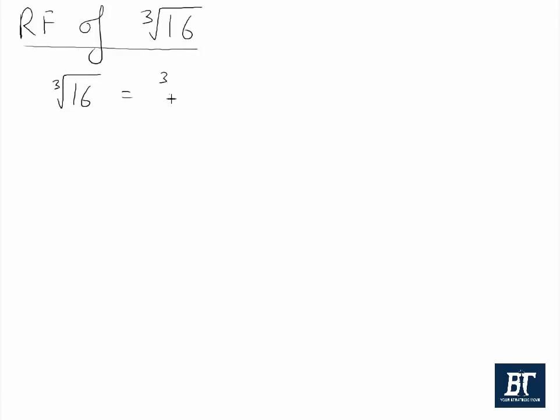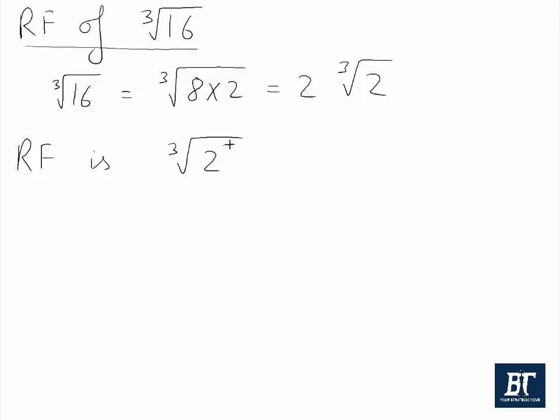So let's do a few examples. Rationalizing factor of cube root 16. First we simplify cube root 16. So you'll get cube root 8 multiplied by 2. So this is 2 cube root 2. So therefore rationalizing factor is cube root 2 square, which is cube root 4.